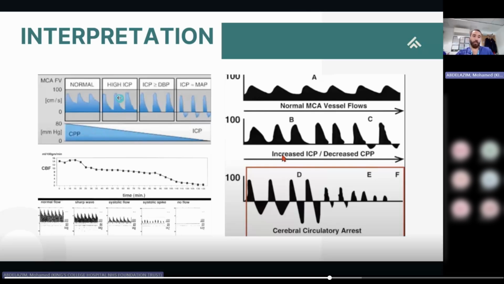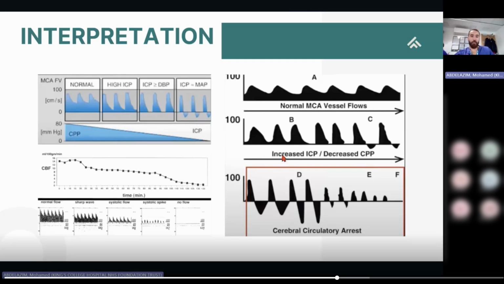So if you get this, here for example, high ICP but you still have some diastolic forward flow. But if your ICP is more than the diastolic blood pressure, then you will have no forward flow in the diastole. And if your ICP is as great as your MAP, then your diastolic flow will be reversed.